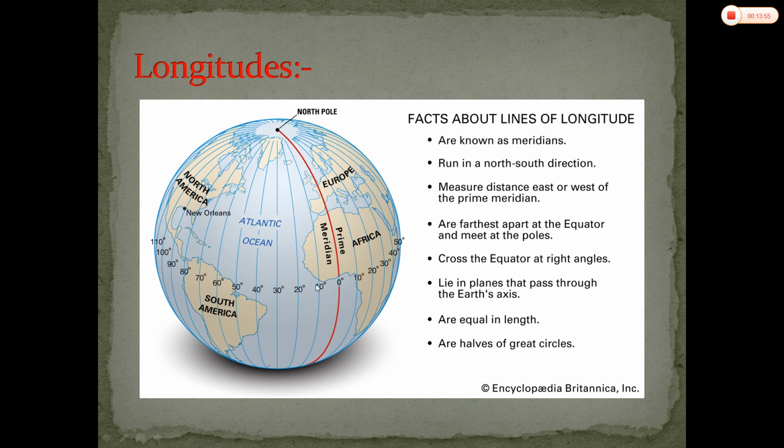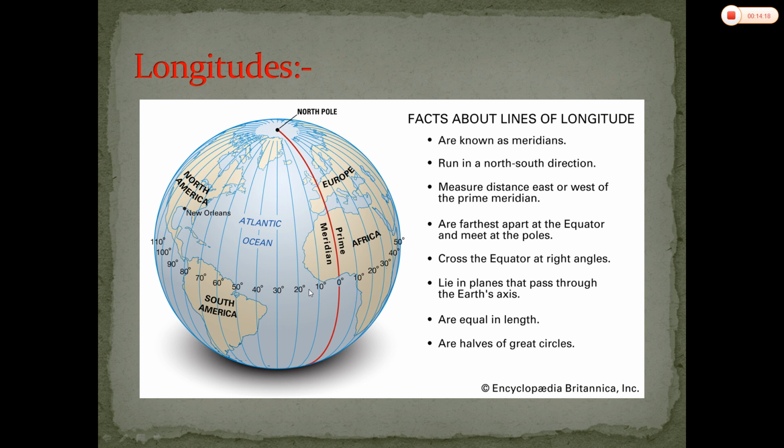In between these, the distance between the longitudes is farthest at the equatorial region, but as you start to move toward the north and south, you will come to know these longitudes are getting closer to each other towards the polar region.